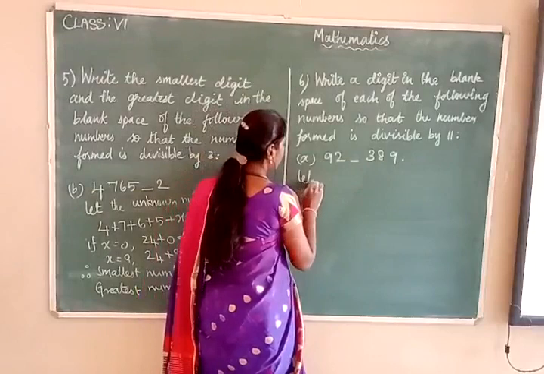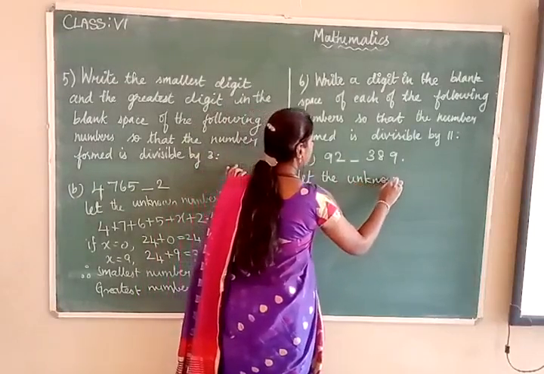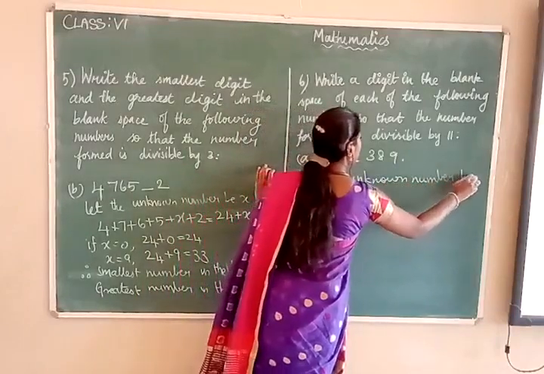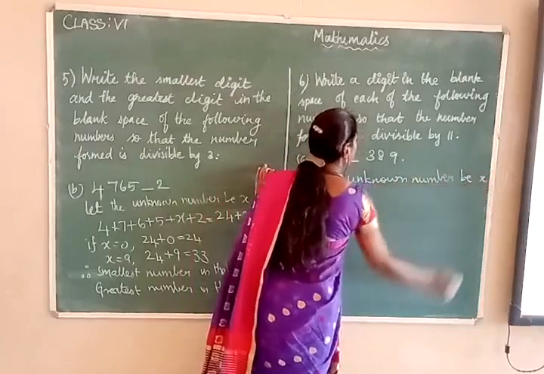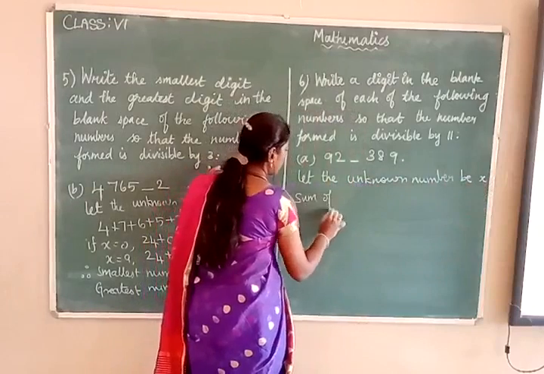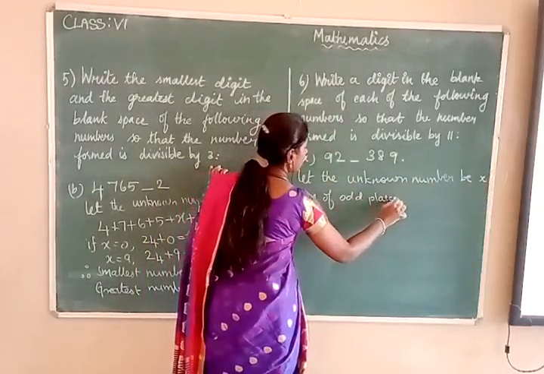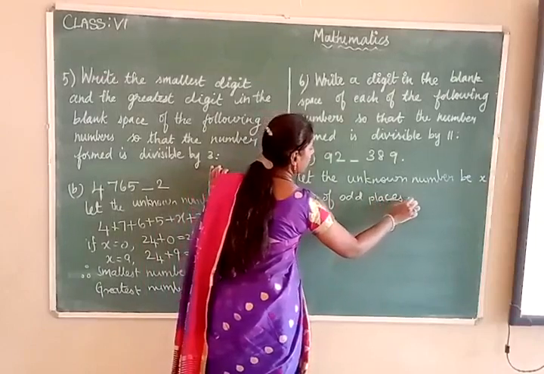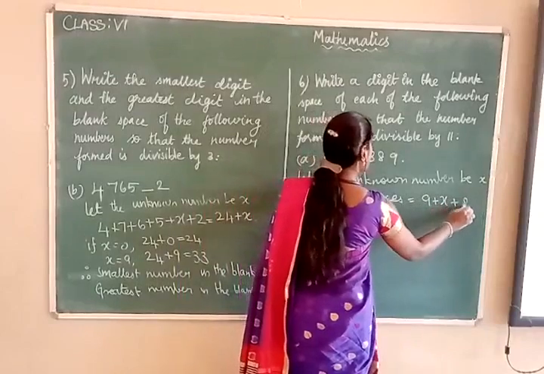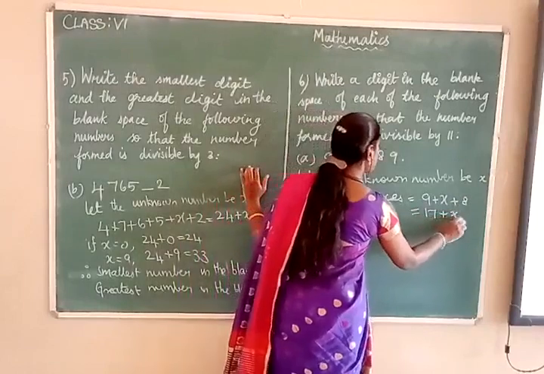Let the unknown number be some x. Now sum of odd places equal to 9 plus x plus 8. So 9 plus 8 is 17, 17 plus x.